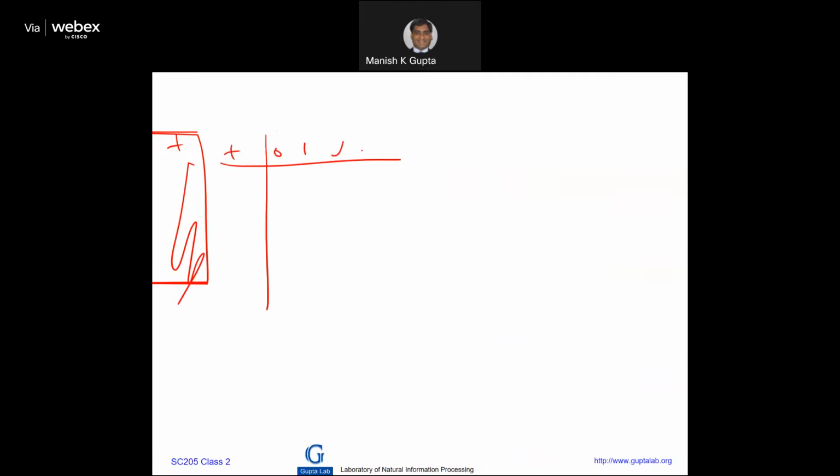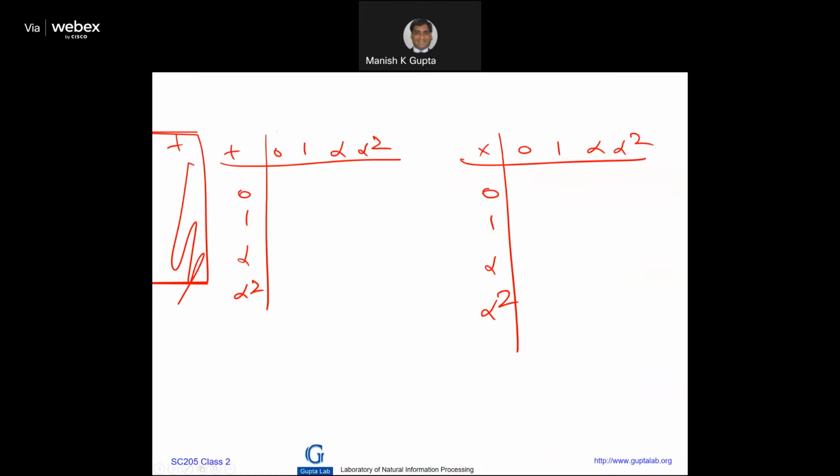0, 1, alpha, alpha square, and the multiplication table also, 0, 1, alpha, alpha square. 0 plus 0 is 0, 0 plus 1 is 1, 0 plus alpha is alpha. 1 plus 0 is 1, 1 plus 1 is 0. 1 plus alpha is equal to alpha square from that equation, right?